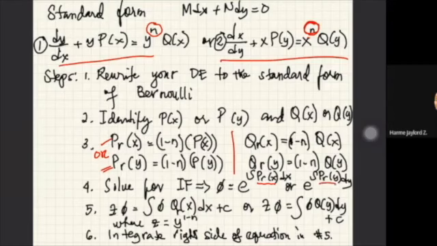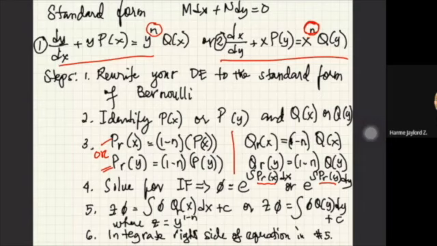And finally, the last two steps: you're going to solve now because you have already obtained your integrating factor. You proceed to this template. Z times the integrating factor equals the integral of the integrating factor times QR of x dx plus c.